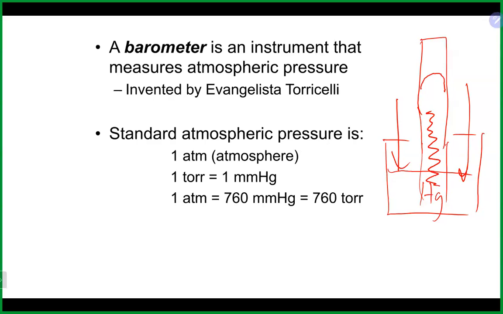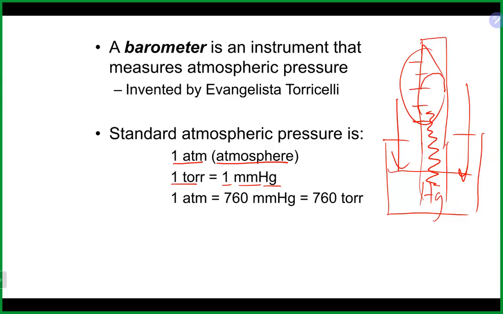Some common units of pressure: an atm is an atmosphere. A torr is equal to 1 mmHg, and mmHg is millimeters of mercury, because on a traditional barometer like this, you have mercury and you usually had a ruler. On that ruler, you could read where the mercury is at.